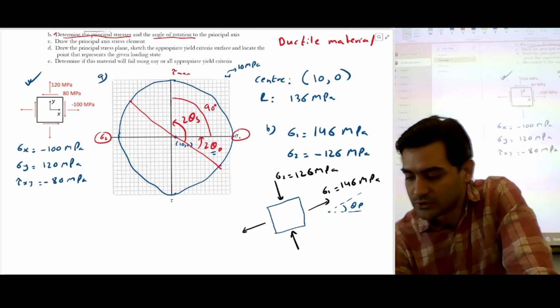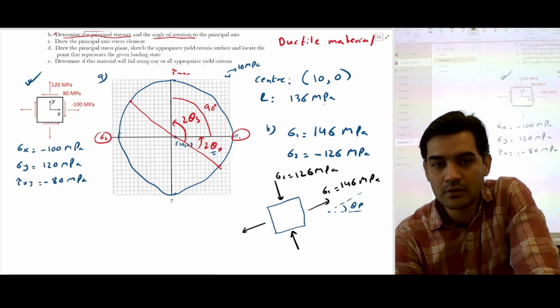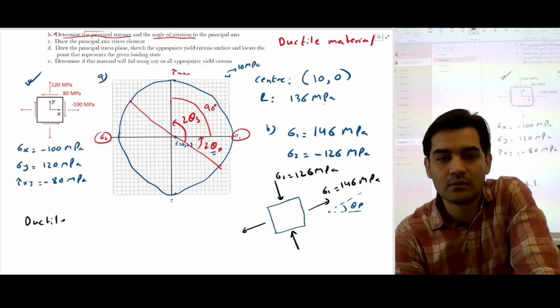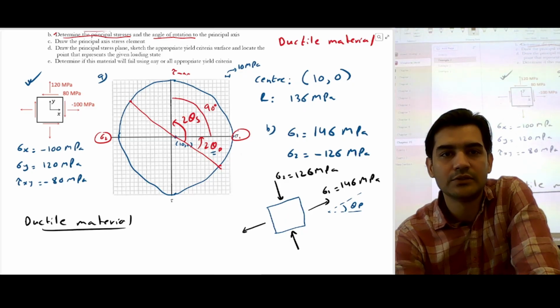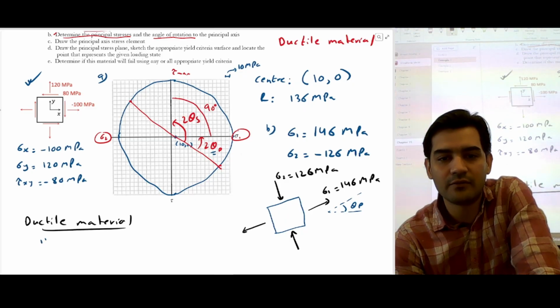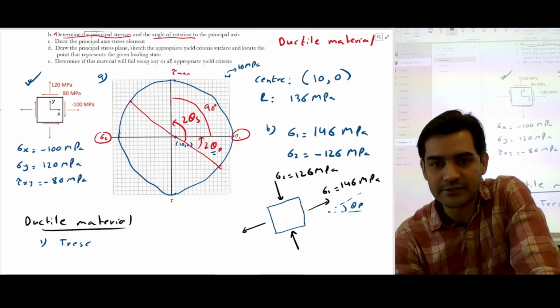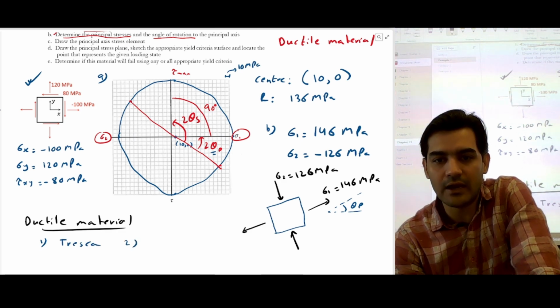First we have to figure out if it's a ductile material or a brittle material. We know it's a ductile material, right? For a ductile material, you have two theories: Tresca and von Mises.